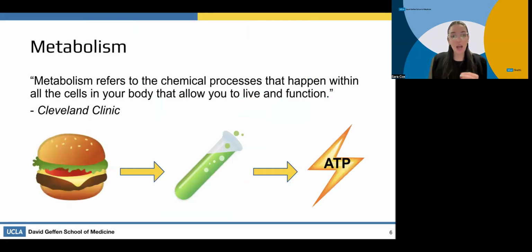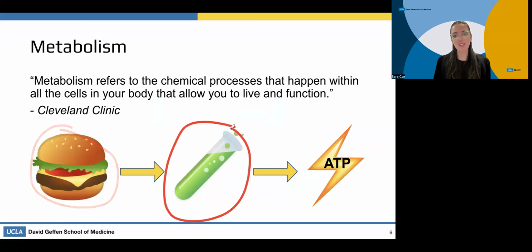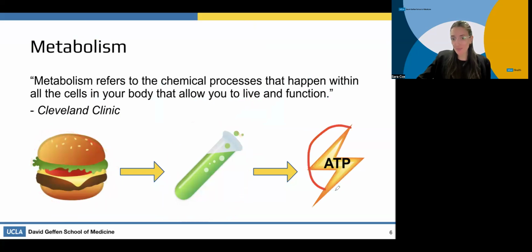Metabolism refers to the chemical processes that happen within all the cells in your body that allow you to live and function. Okay, it's how we turn the food we eat into chemicals and turn those chemicals into energy. In the body, this is going to be in the form of molecules called ATP. Those are our energy molecules in the body.